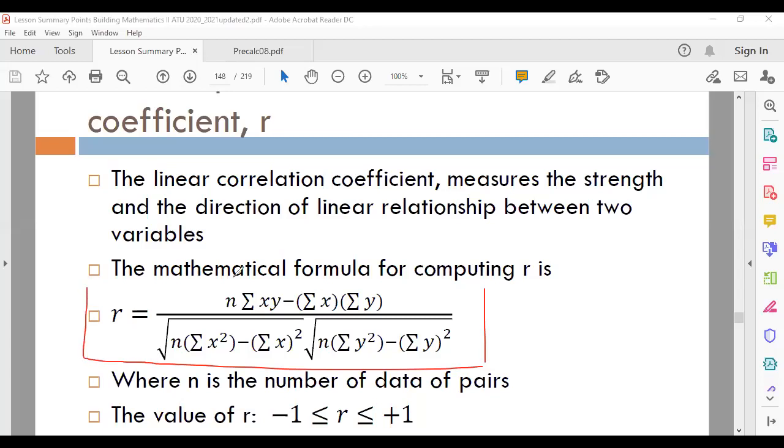I'll supply you with another slide which leads us to this formula. This is a computational formula which we're going to use, so take note of it. We'll solve an example based on this formula.